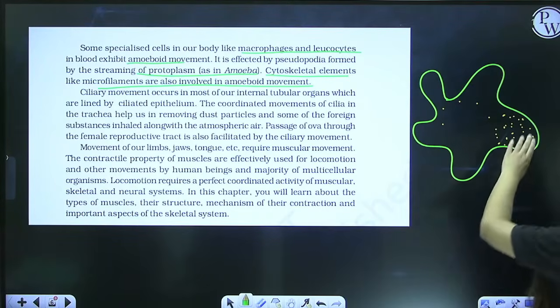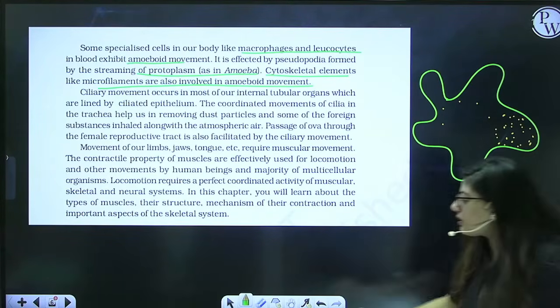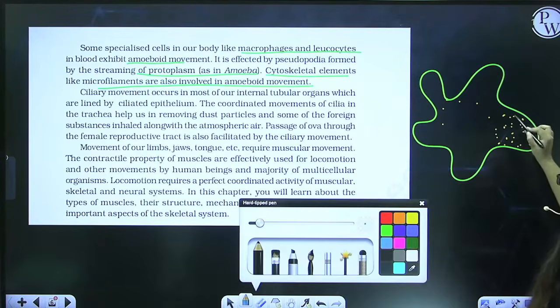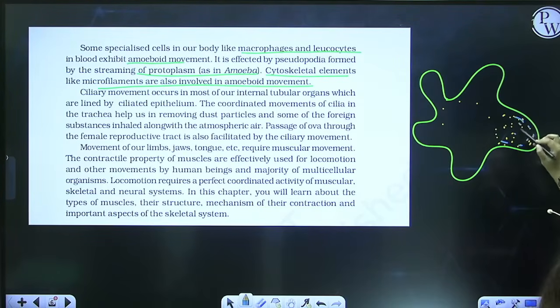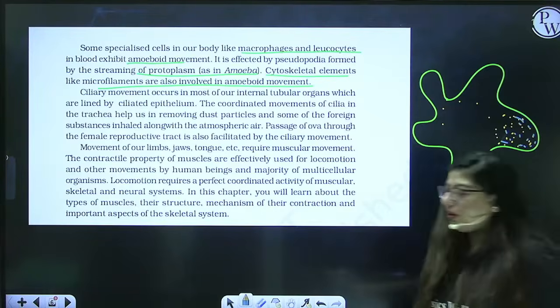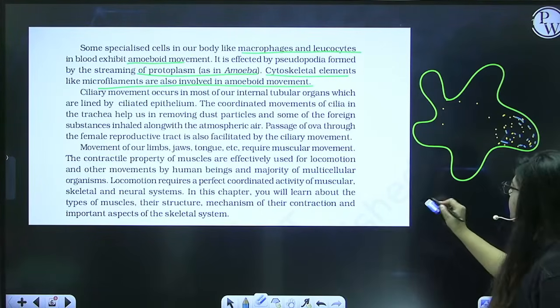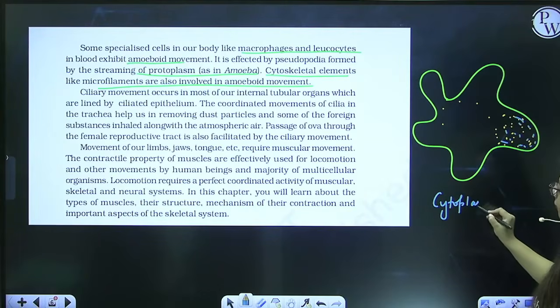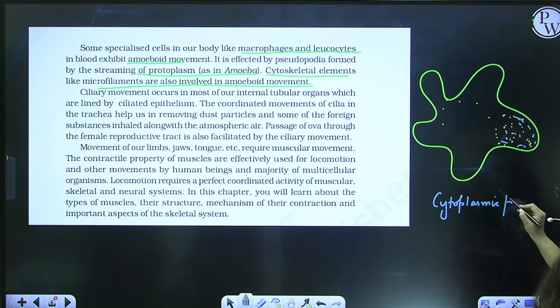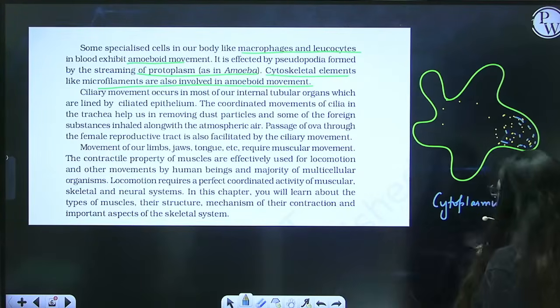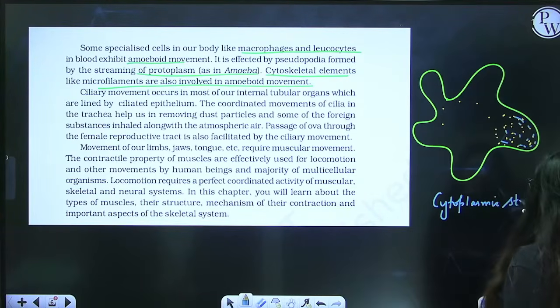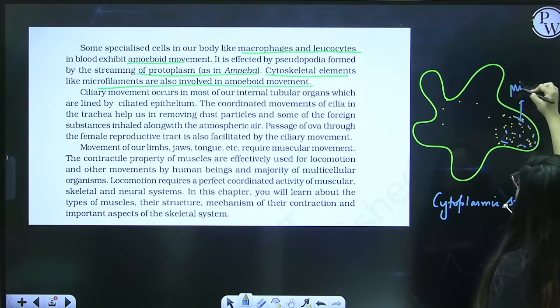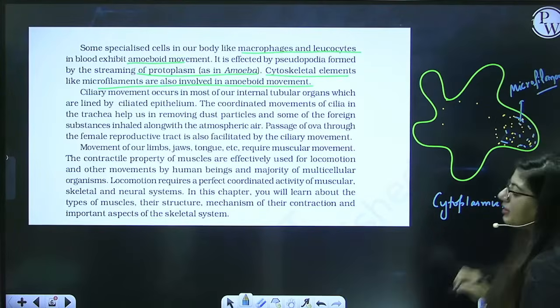Now, why has this structure become foot-like? Because here, a lot of microfilaments are providing shape. So we say that first there is cytoplasmic movement, also known as cytoplasmic streaming, and the microfilaments here play a vital role in the formation of this false foot, and this is how the amoeba moves.